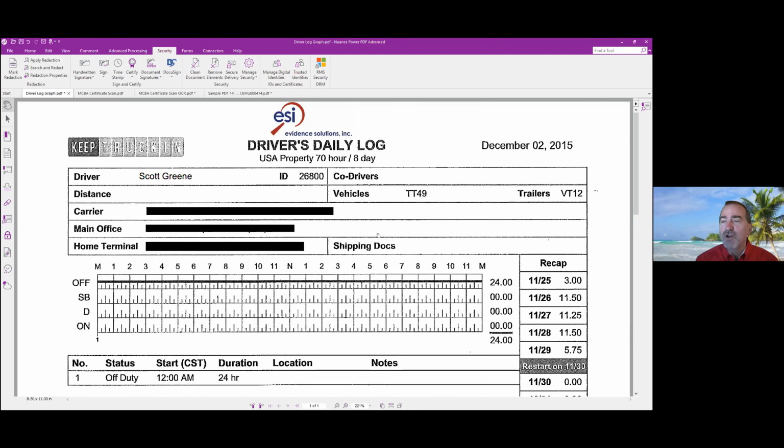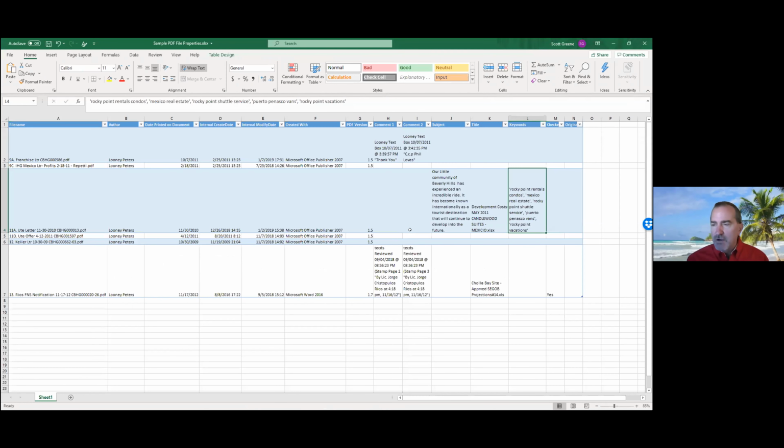I'm going to display, in fact, we could go there next. Here's an Excel document. This is a little bit different case, but this is actually data from a case that I worked. You can see that what I did is analyze the data that came out of the PDF documents.